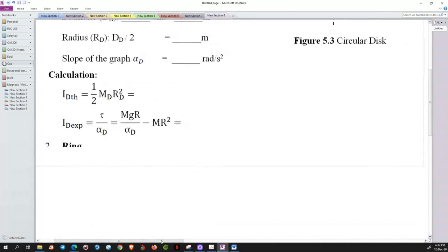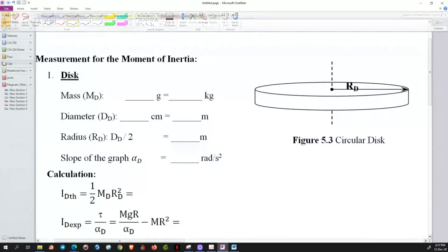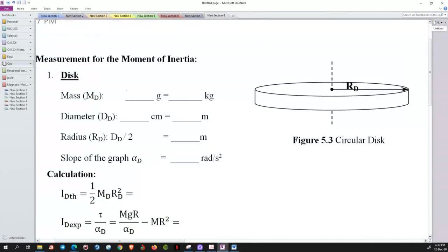So here, what you should do is first measure the ring. When you measure the ring, I will tell you that the mass by balance is around 120 gram, plus or minus, 121, 120.5, 120.25, whatever it is, it's around 120 gram. Okay? You have to change it to kilogram, divide by 1000.